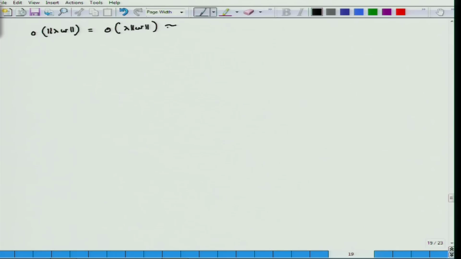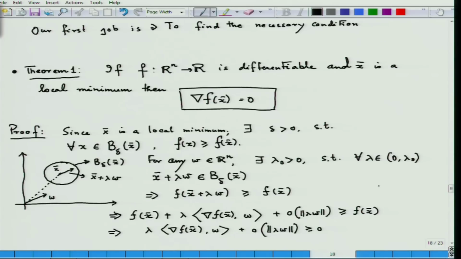So, this is nothing but o of norm lambda w by lambda, as limit lambda tends to 0 plus, means I have taken lambda as positive, that should be equal to 0. So, here what I have observed now, because lambda is positive, I can divide both sides by lambda.